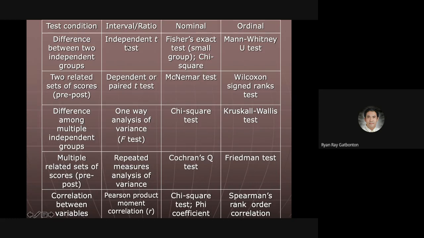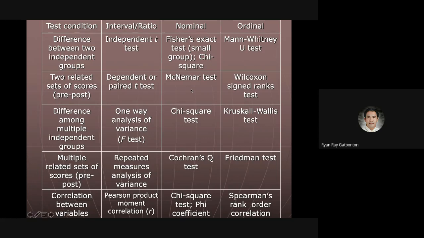Okay? So palatandaan, if your question is about two independent groups na hindi related to each other, independent t-test. Pero kung yan ay magkarugtong, related to each other, dependent on each other, you use a paired t-test. Okay?